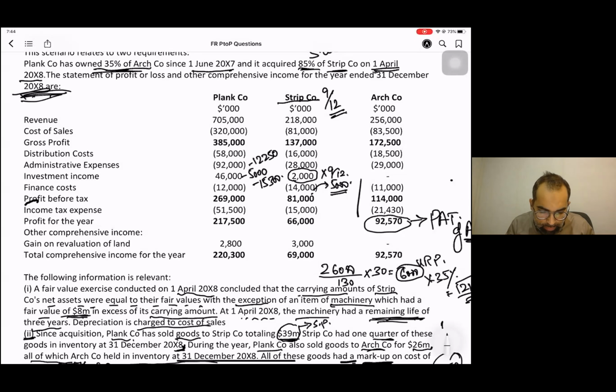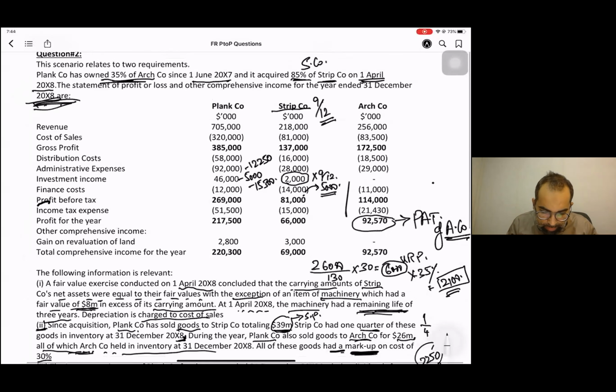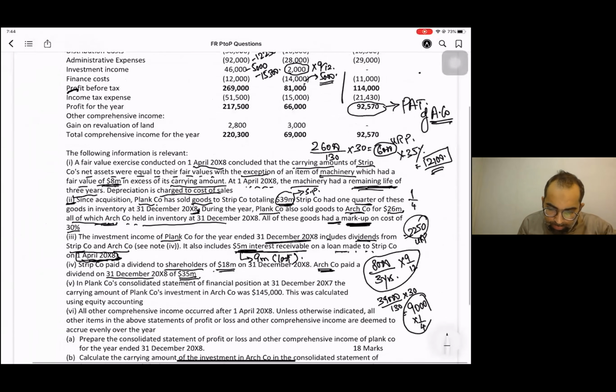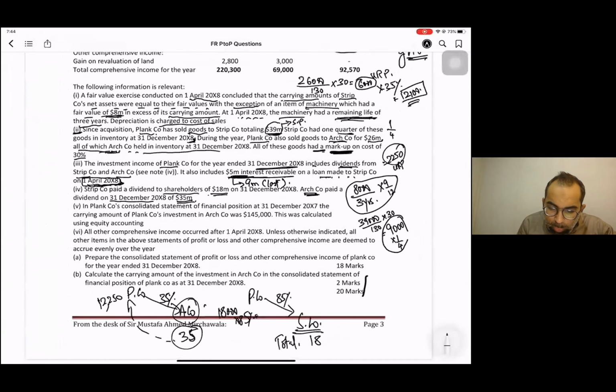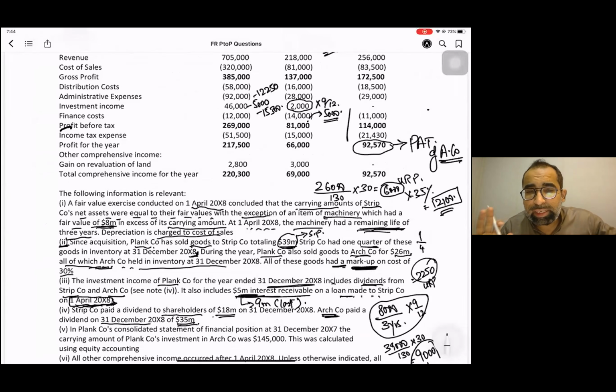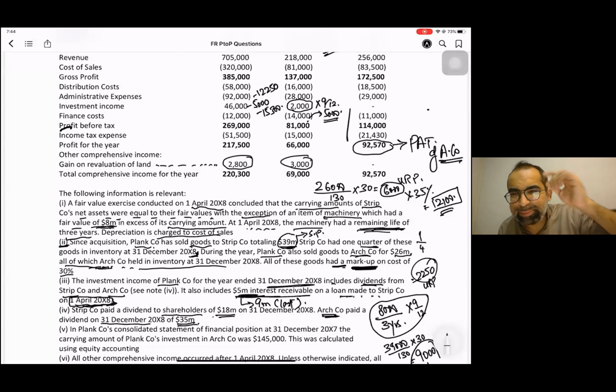Now, one more thing. Can you see some OCI? Do you remember OCI, the revaluation gain? This is the parent company's OCI and this is the subsidiary company's OCI. Now one thing comes to the mind of students: sir, we are the owner of the parent company, so we always take the complete year of parent company data in the income statement.